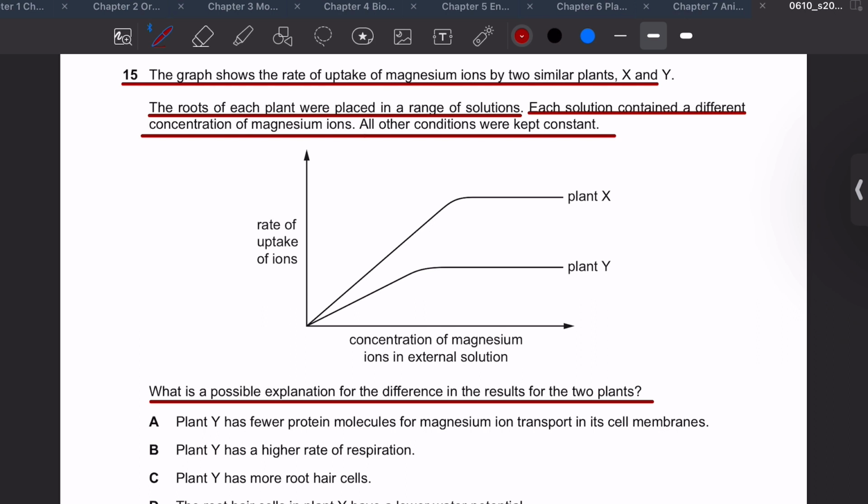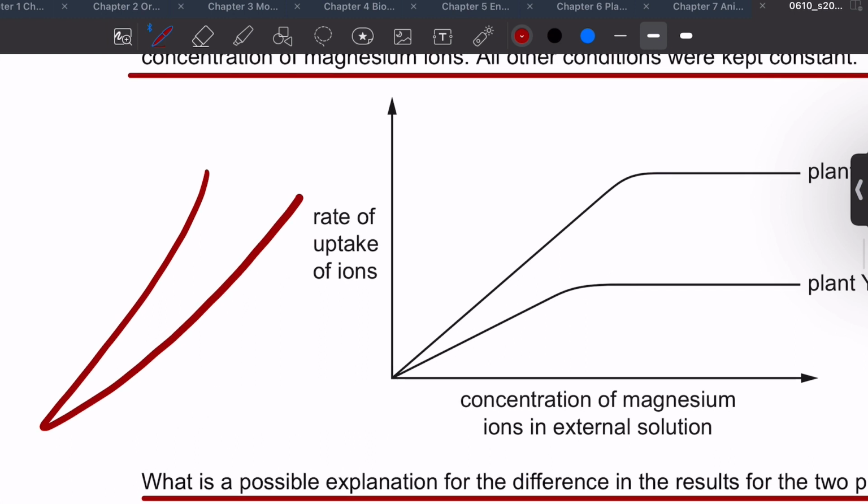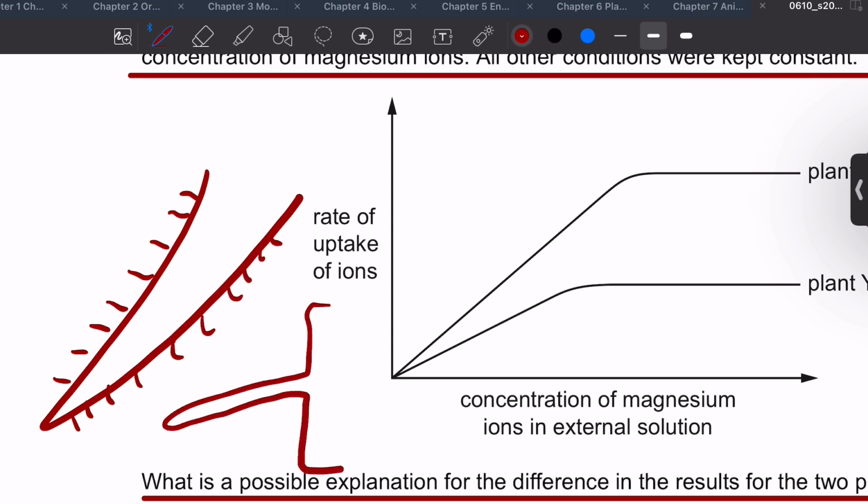So, the roots consist of cells called root hair cells. And on their membranes, they have many protein molecules.